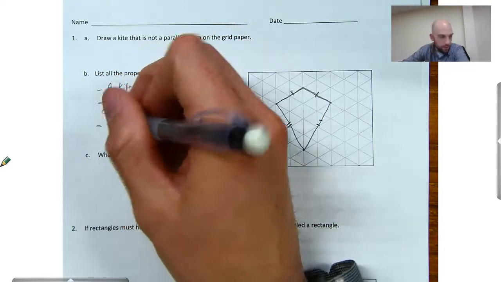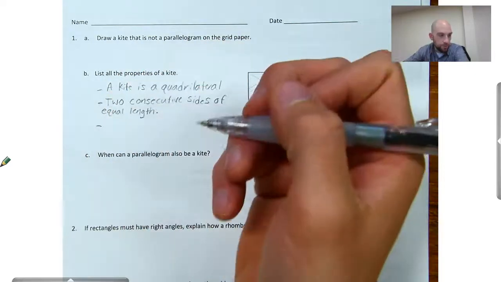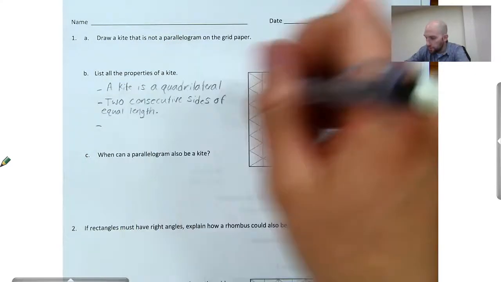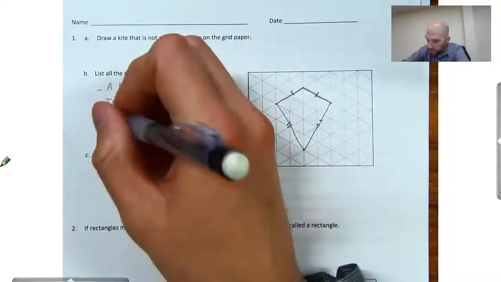A kite is also going to have 2 remaining sides of equal length, so the other 2 sides will have an equal length to each other.